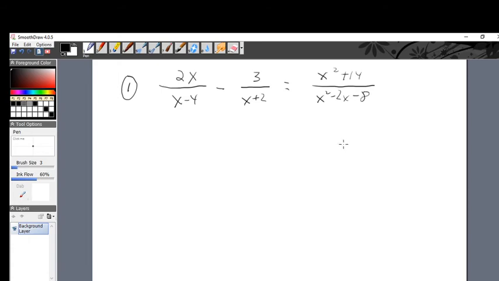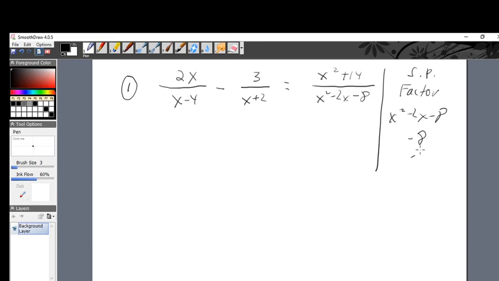All right, so what we need to do is get this stuff to look similar. What we need to do is to factor, this is going to be our scrap paper, a little side issue here. We need to factor x squared minus 2x minus 8. That's going to be our first job. All right, and see what we get. So when we factor it, we can do it the easy way, with the riddle.